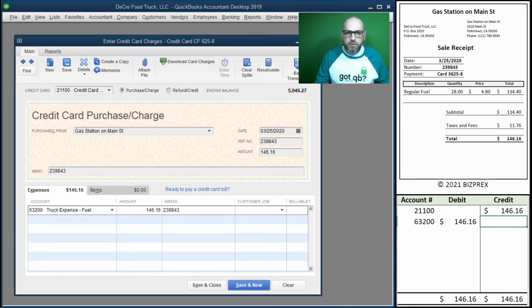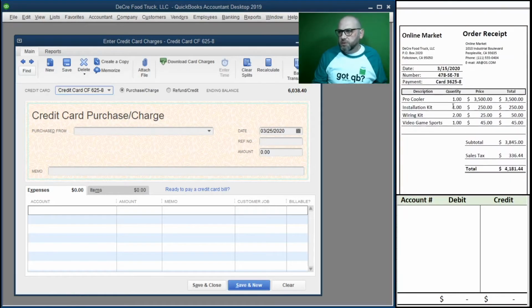Here we are. Debits and credits are in balance. Again, these are our debits. This is our credits. It belongs to this account. Go ahead and save a new. Let's go ahead and book this next transaction.